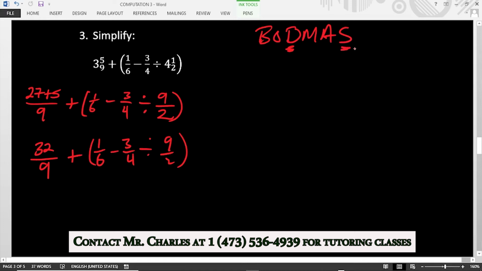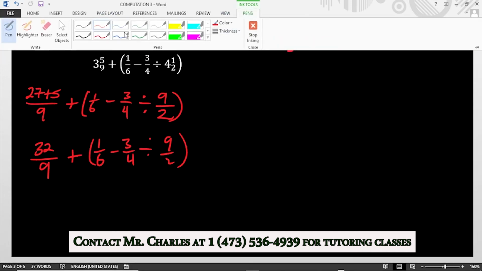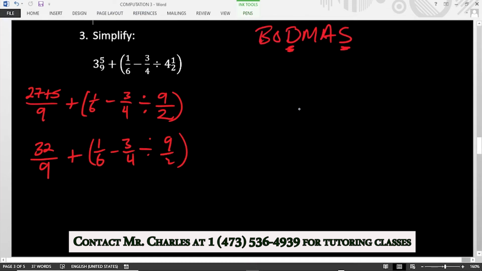So 3 over 4 divided by 9 over 2, we can rewrite that as 3 over 4 multiplied by 2 over 9, because you must change the division sign to a multiplication sign, and then flip the fraction that comes to the right of that sign.